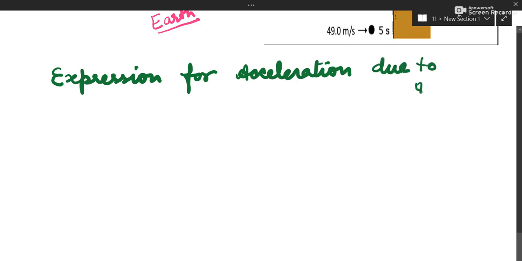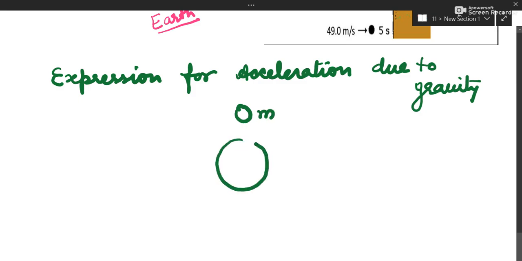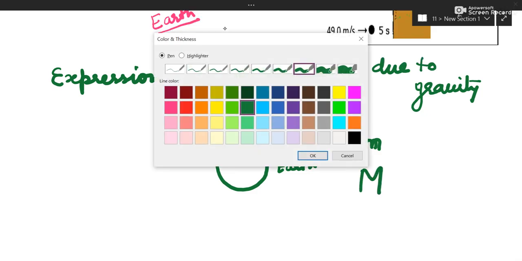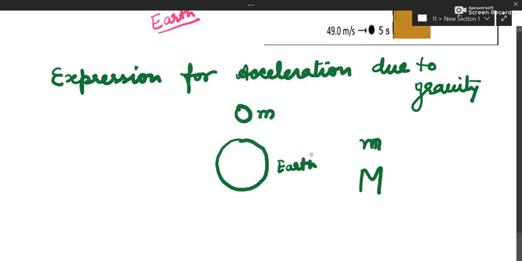That is small g, the expression we wish to know. Okay, so this is an object and this is Earth. Mass of object is m and mass of Earth is capital M. So you can label these, and distance is obviously radius of Earth.